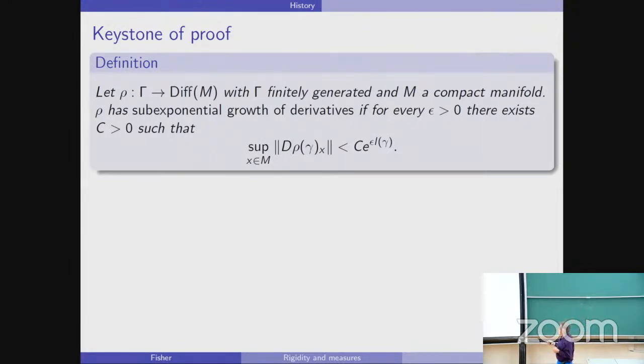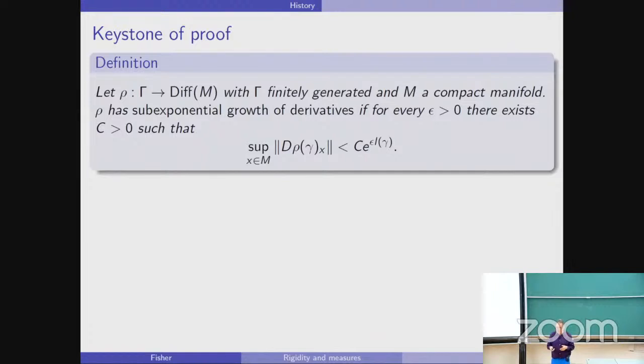So now I need a definition that's a little technical. The definition says that if I have an action of gamma on a manifold M, and I assume that gamma is finitely generated, so I can talk about the lengths of elements of gamma, and gamma is acting on this compact manifold, then we say that the action has sub-exponential growth of derivatives if every time you give me an epsilon, I can give you back a constant C, so that if I look at the derivative of the action of gamma on x, and I take the sup over elements of M, so I look at the largest derivative this element gamma has on the manifold, that's bounded by my constant times e to the epsilon times the length of my word.